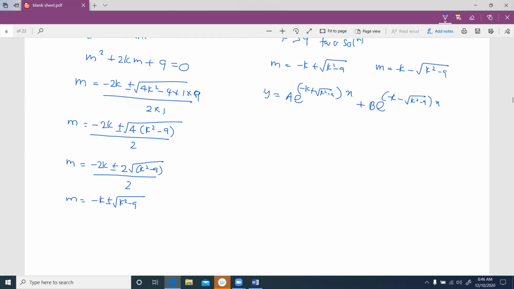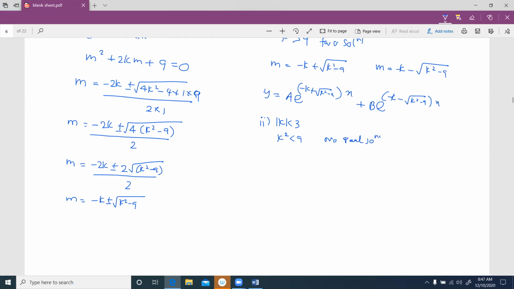Then the next situation. Part 2, the same question, that is modulus of k is less than 3. That means k squared is less than 9. That means you can say no real solutions.